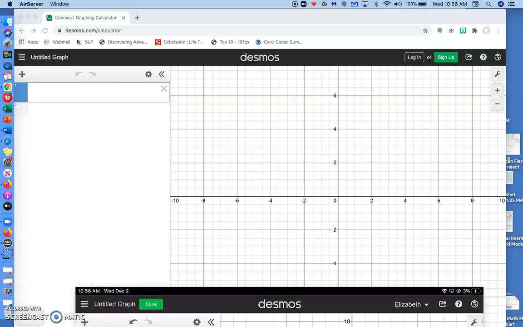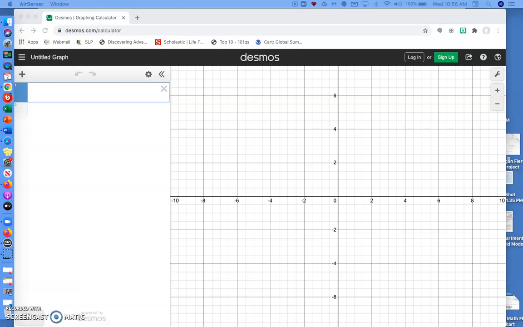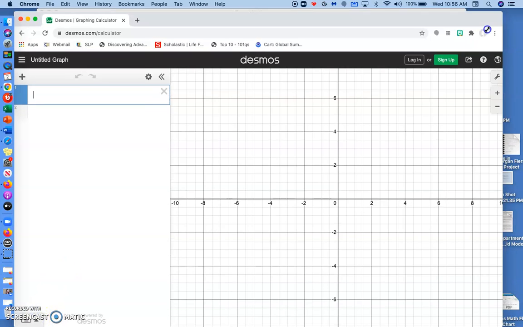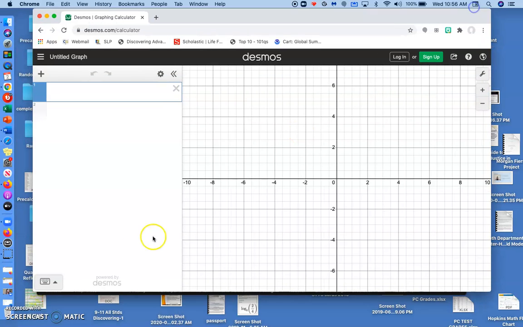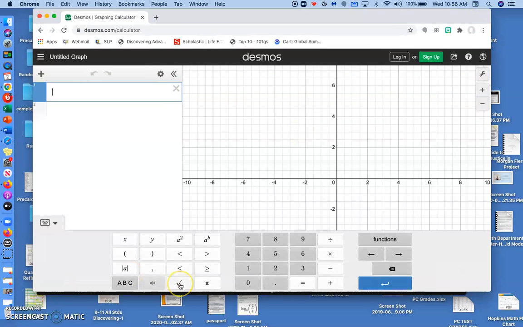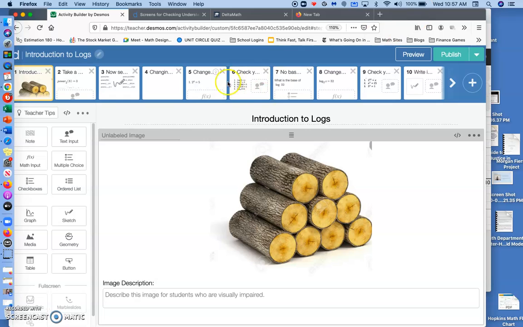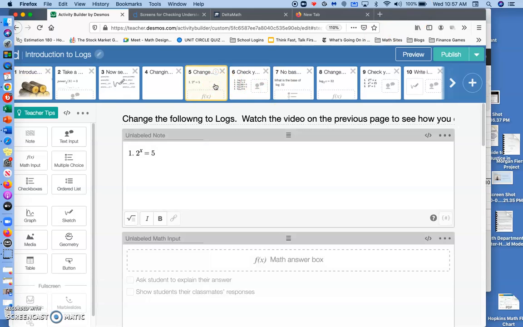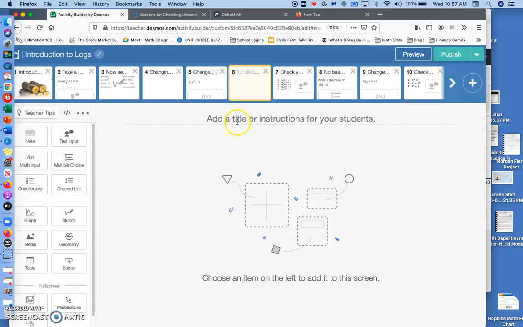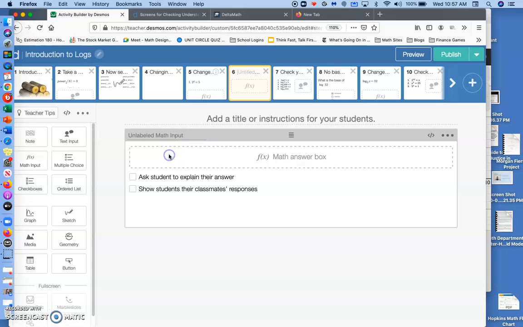When you bring up your keyboard here, you will see a base that appears, and I don't know why it's not on here. All right, I'm just going to have to show you on the activity you're going to do. It must be different in these. I apologize. So when you get to 1, let's say, you have to enter it here.